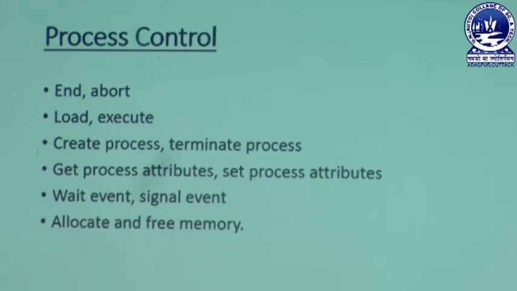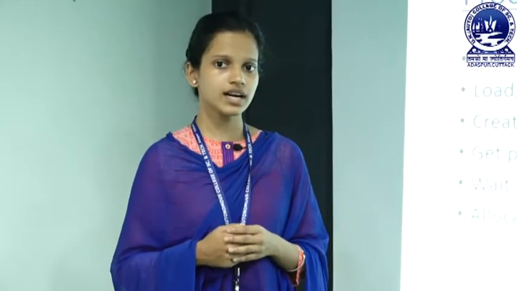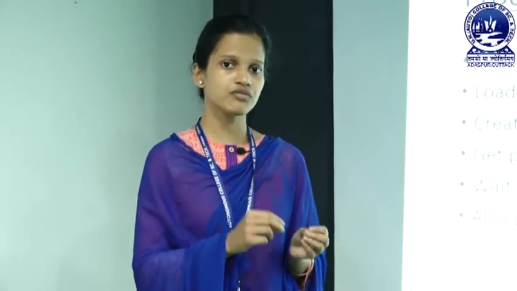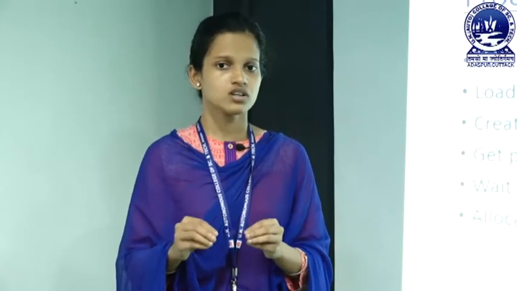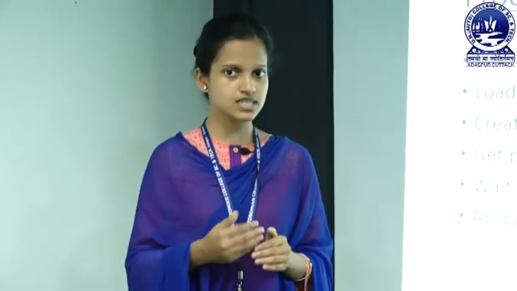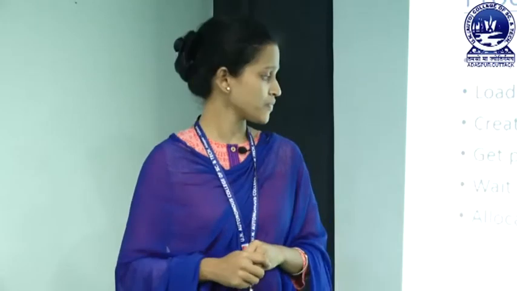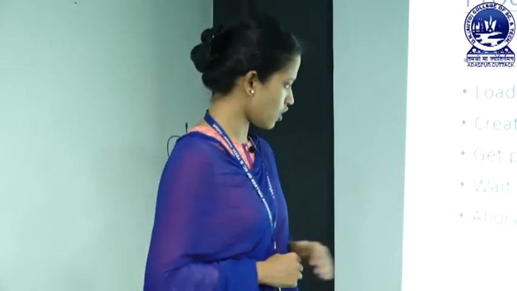Next is allocate and free memory. When a process is running, it must access directly or indirectly some memory and resources. Maybe that process needs access to memory or IO devices, hardware, such resources, so at that moment the resources have to be allocated. For allocating such resources to the process, there is a system call called allocate.